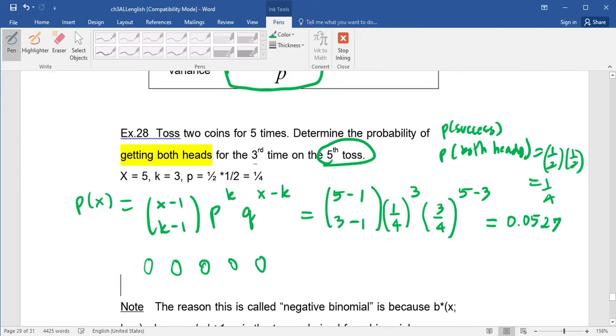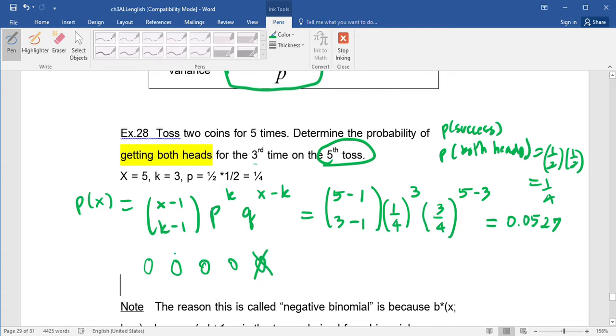These are the results. The outcomes could be getting both heads or something else. We want to find the probability of getting both heads for the third time on the fifth toss. This is the fifth toss. Getting both heads for the third time. So here is the outcome of getting both heads for the third time.